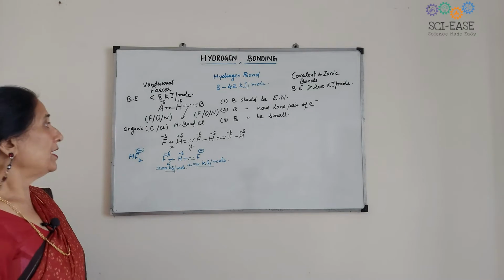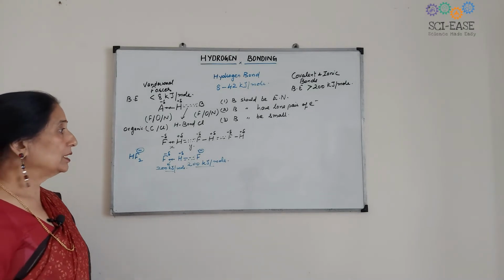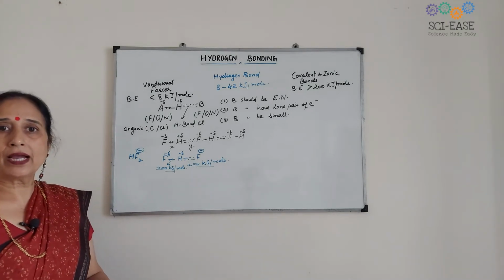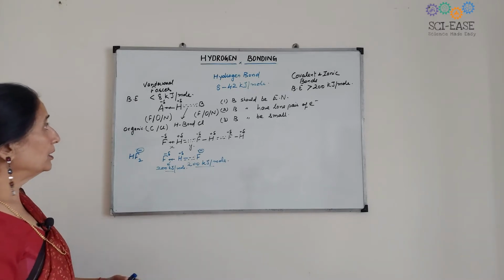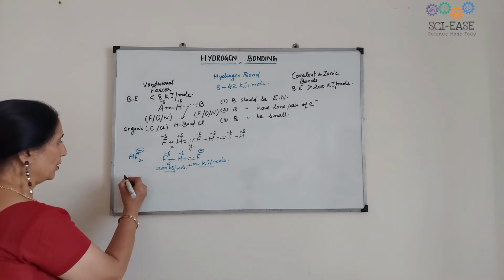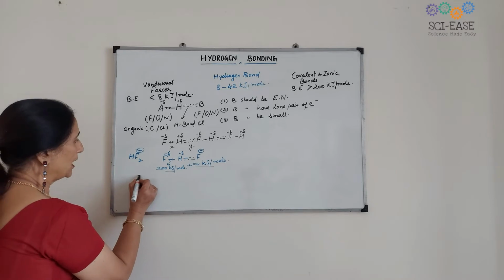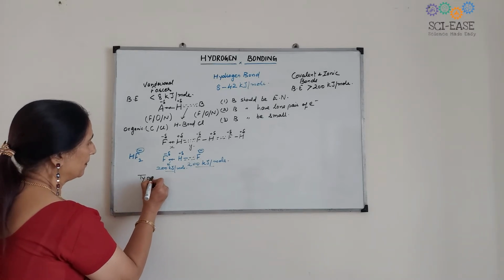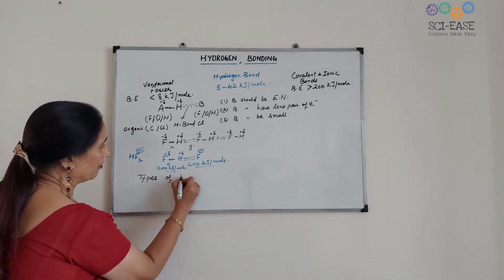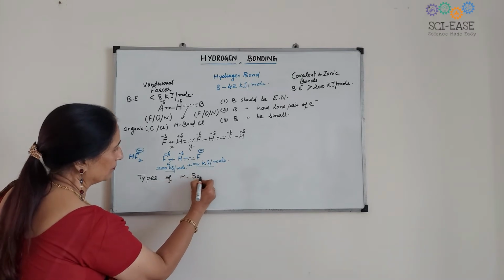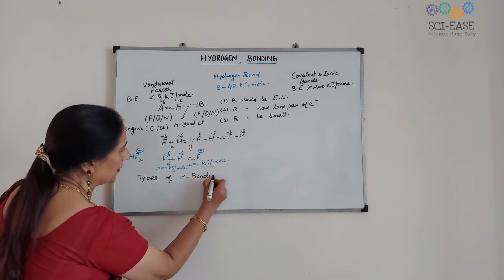Okay. Now I will come to the types of hydrogen bond. So there are two types of hydrogen bonding.